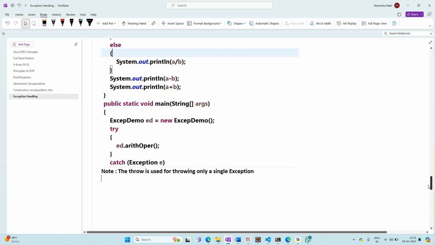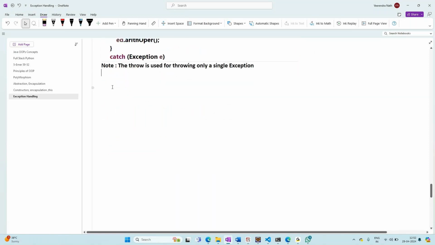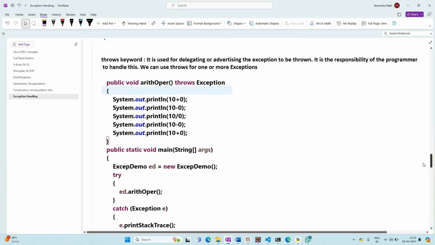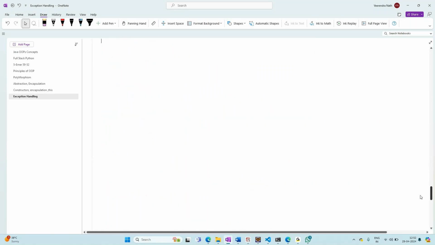So we are throwing only a single exception, basically. That's the basic idea. So in this way, you are going to look at these things. Now if we want to handle the exception, these things you have to use.